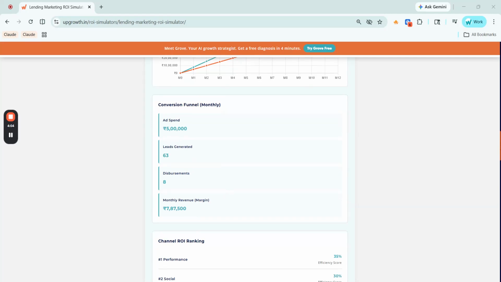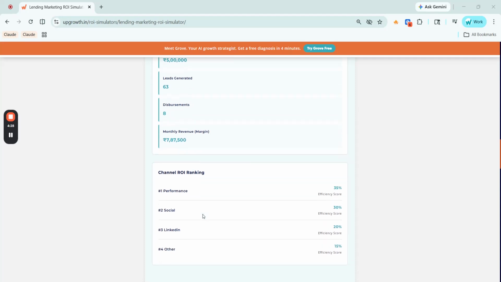Rupees 5 lakh in ad spend generates 63 leads at a 12% lead to disbursement rate, that produces 8 actual disbursements per month. At rupees 3 lakh per loan and 3.5% margin, your monthly revenue from margin is rupees 7 lakh 87,500.